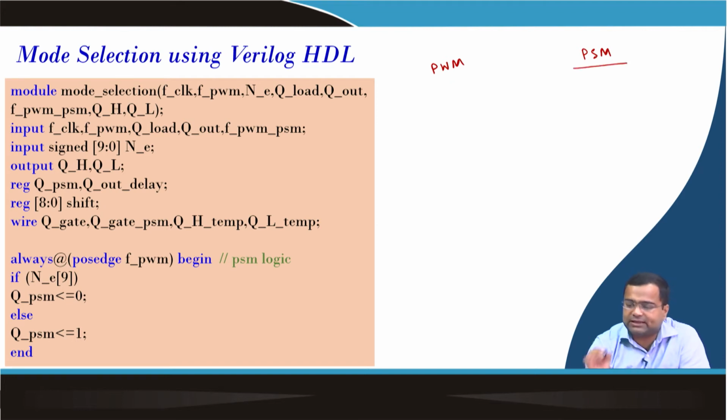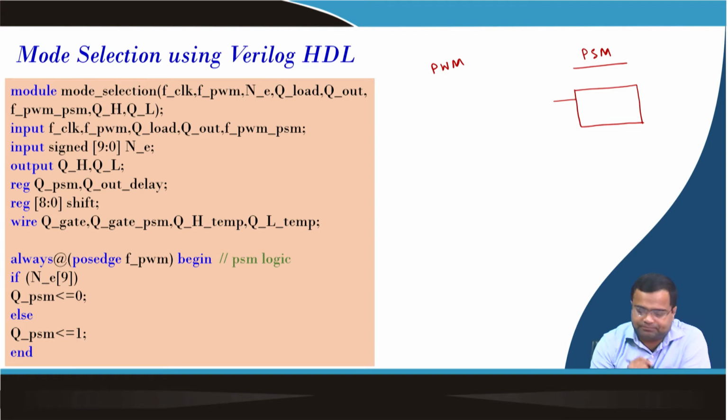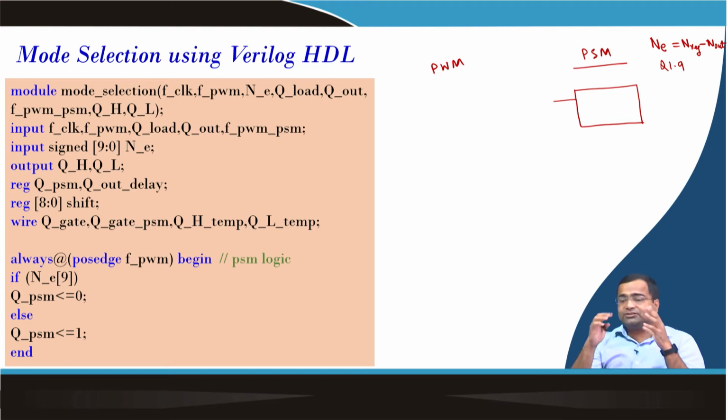Under PSM, what will it do? It will take the error, that means we have the error voltage, which is N ref minus N out. Now, it is a Q1.9 signed format, so it has totally 10 bits.